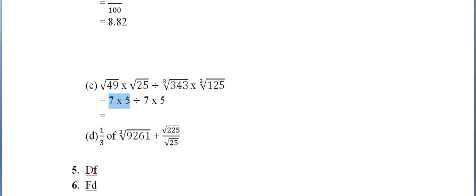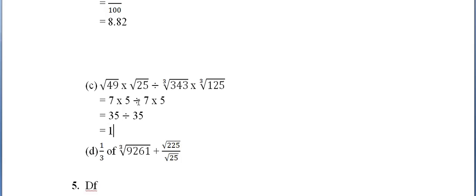That is 7 into 5 is 35. Okay, sign of division, 7 into 5 is 35, equals to 1. Okay, solve these first, because this is your square root and this is your cube root. Solve the square root first, and then the next is the cube root, and get your answer.